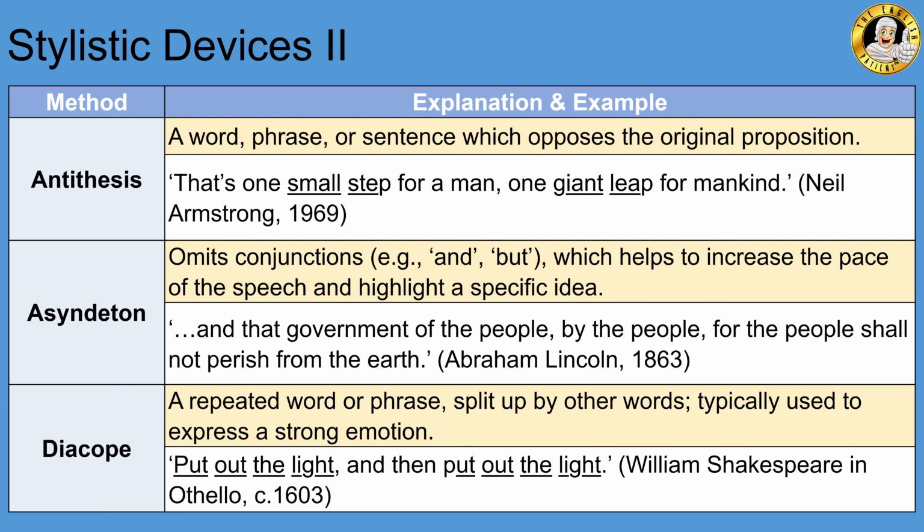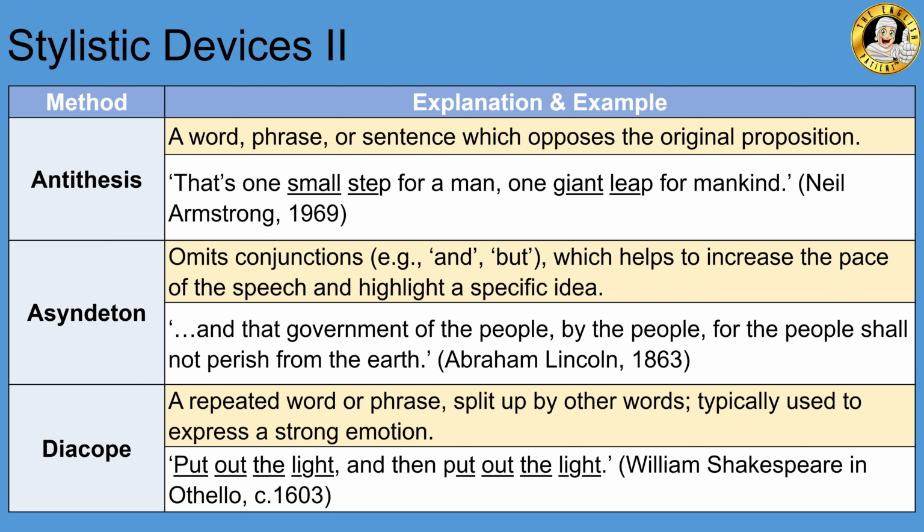Antithesis. Now this is where a word, phrase, or sentence opposes the original proposition. And here we're actually going to look at a quotation from Neil Armstrong when he famously walked on the moon for the first time. And this was back in 1969. Now, there is actually a debate about this quotation. Most people remember it as "That's one small step for man."